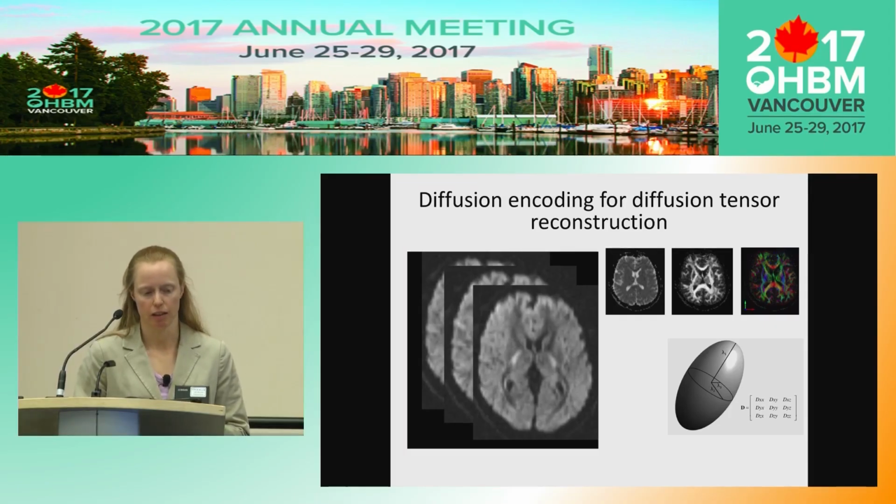It's symmetric, and it will have 3 positive eigenvalues. And it's often illustrated graphically with this diffusion ellipsoid. The eigenvector corresponding to the largest eigenvalue will be the preferred orientation, and that's what's shown in the rightmost color plot here. And the variance of the eigenvalues would be the anisotropy, which is shown in the center.